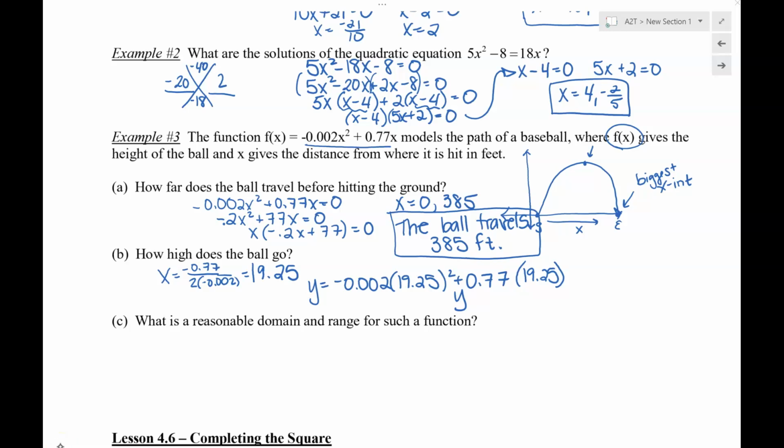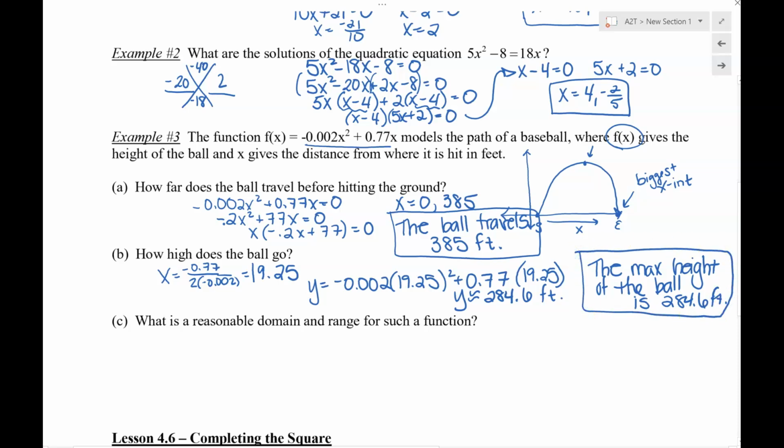And when you do, you should get approximately, if we round to the tenths, 284.6 feet. So we'll say the maximum height of the ball is 284.6 feet.